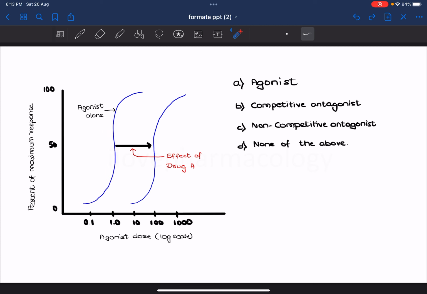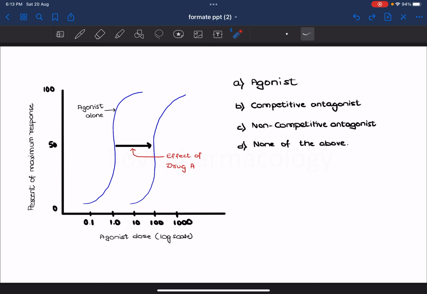Along with agonist, if you are giving the competitive antagonist, if you are increasing the dose of the agonist along with the competitive antagonist, the increase in the dose of agonist will overcome the effect of the competitive antagonist. Thereby, it produces a response similar to that of the agonist alone, but the dose will be increased.